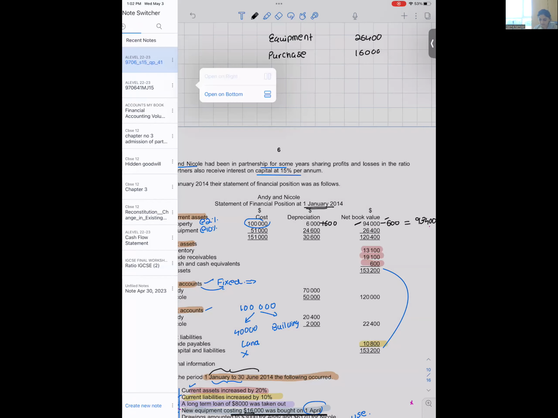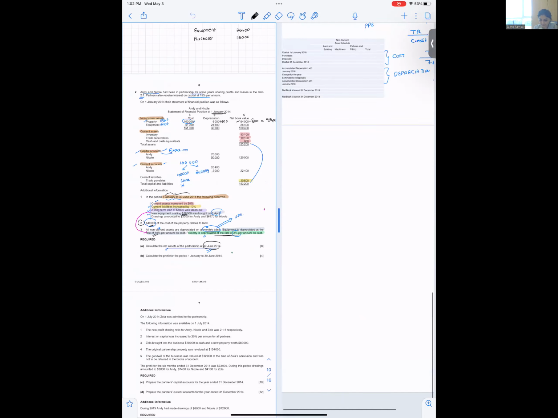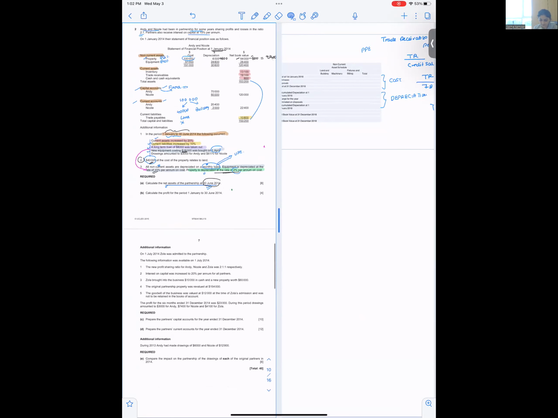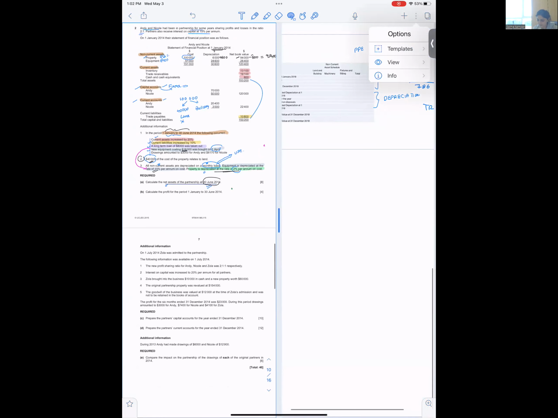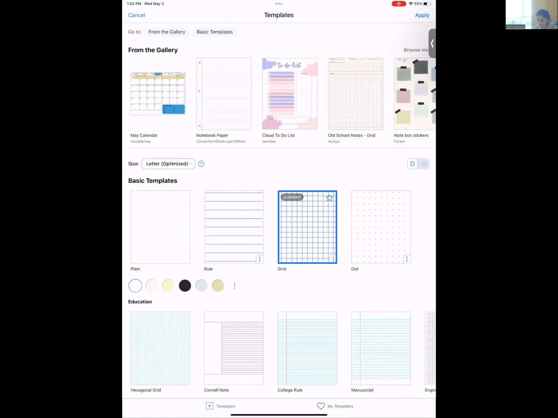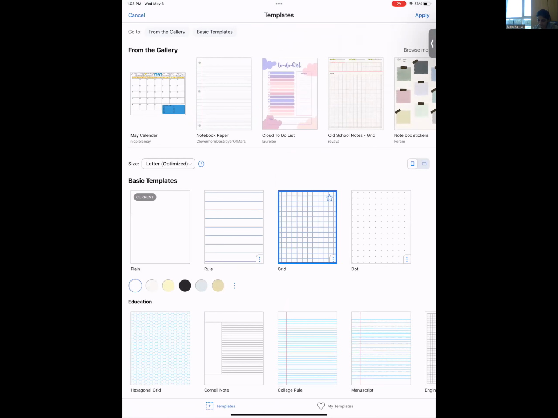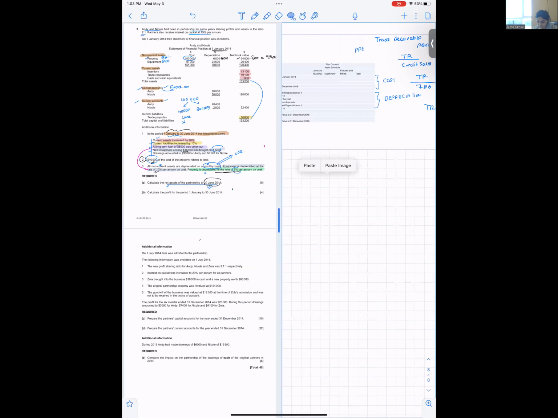So my total equipment is coming up to how much? 26,400 plus 16,000. So it is coming up to 42,400.